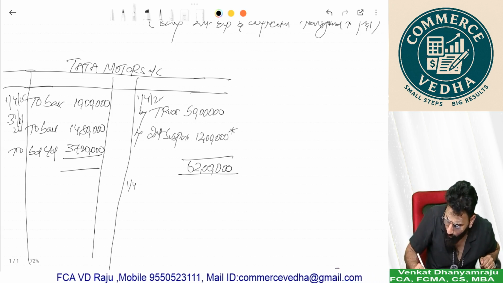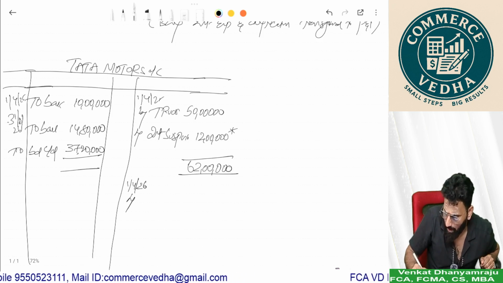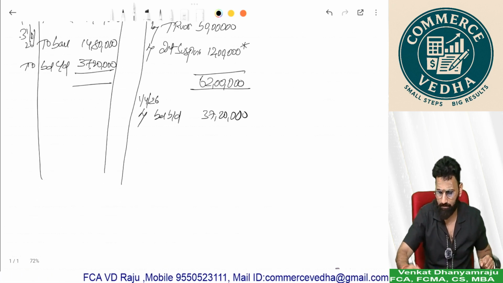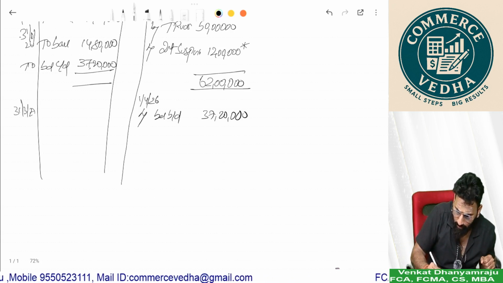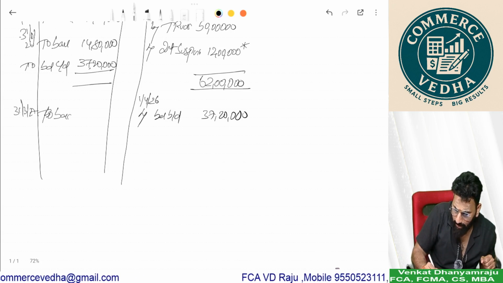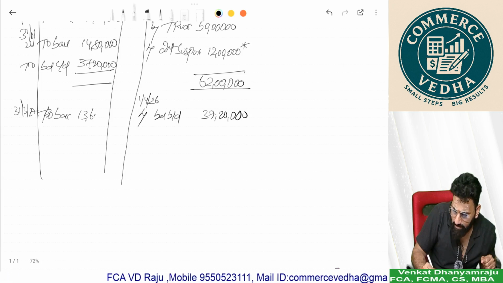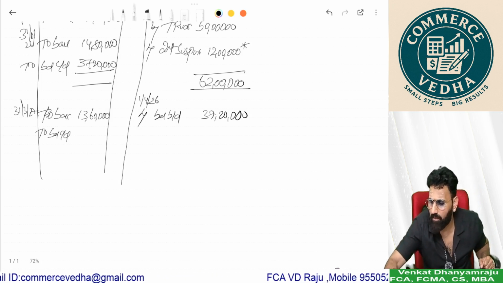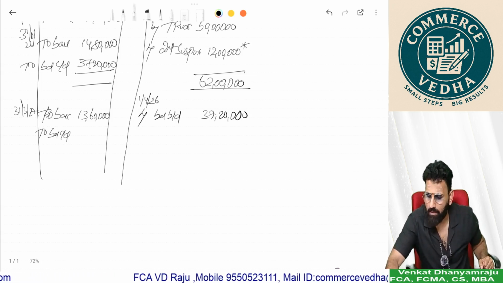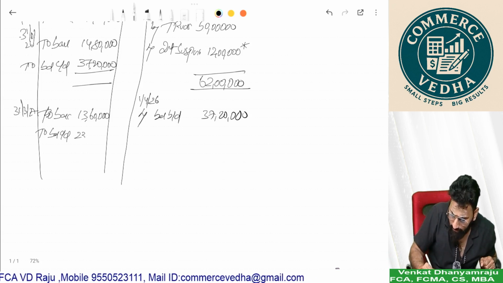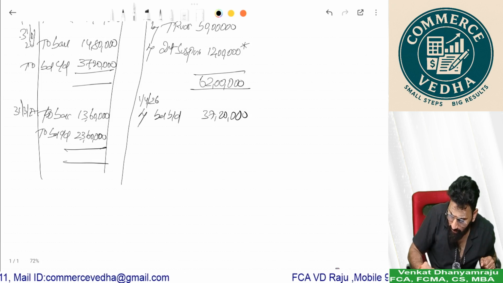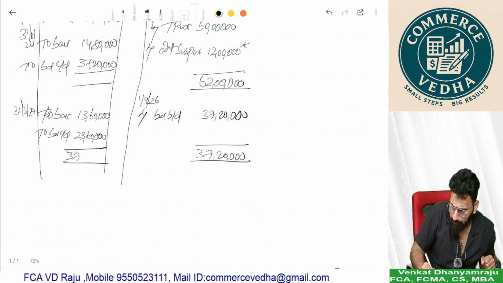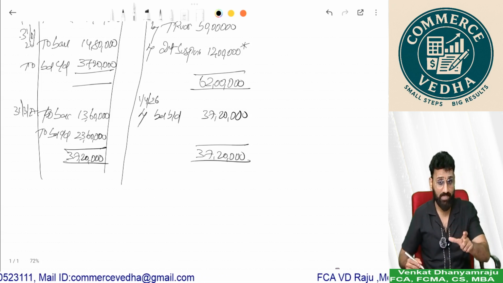So you are showing complete due to the vendor. So on 1/4/26, by balance brought down, you are showing 37 lakhs 20,000, and on 31/3/27 you show to bank 13 lakhs 60,000, and to balance carried down 3720 minus 1360, 23 lakhs 60,000, which is nothing but principal amount 20 lakhs and interest 360 for the next 2 years.